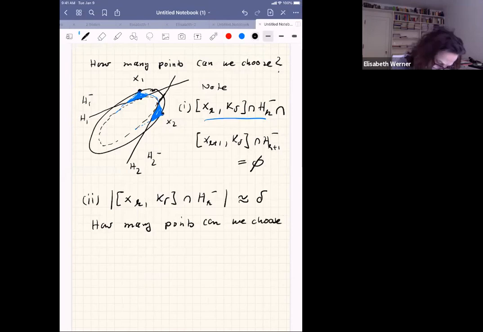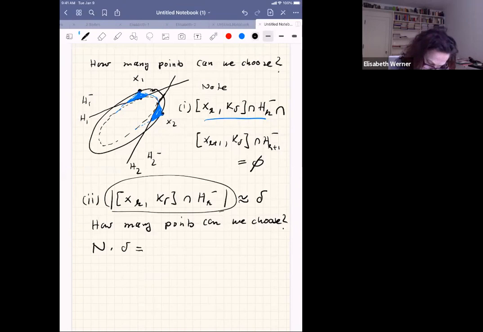Say we choose, so what's the number? The number N of points that we can choose is such that N times delta is equal to, well, each of those things here has roughly volume delta.